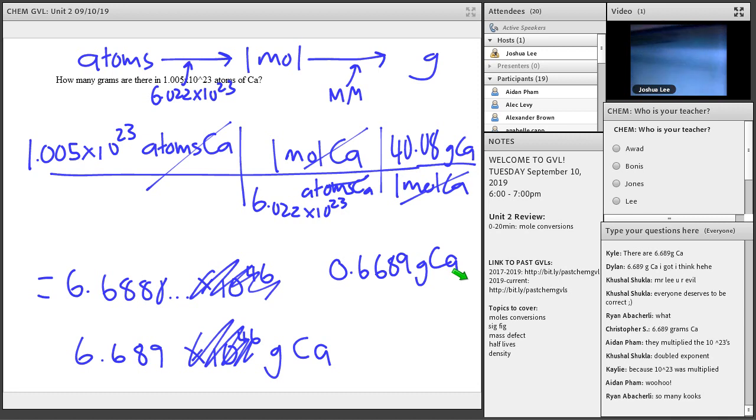So some people will type it in something like this. I'm using a different calculator. But what they do is they do the 6.022 times 10 e23rd.